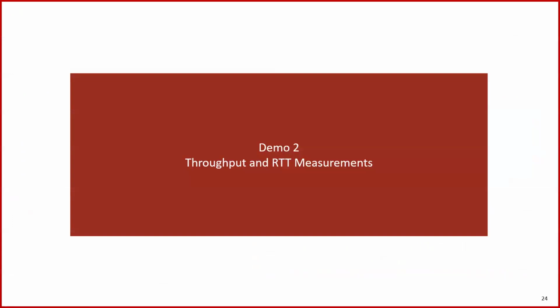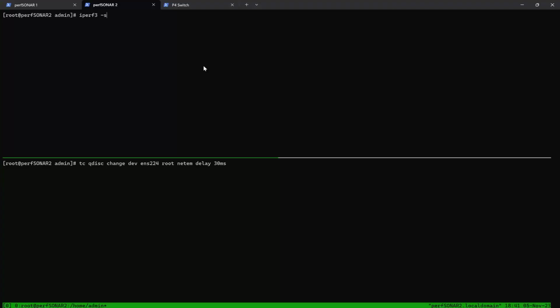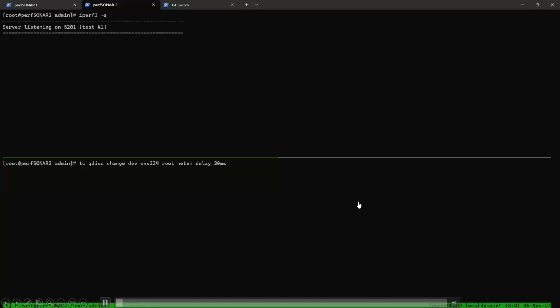Now I will show how the throughput and the RTT measurement are deployed in the system. The same as before, but now I'll be showing the RTT and the throughput, with sigma set to 0.05, compared to the ground truth.